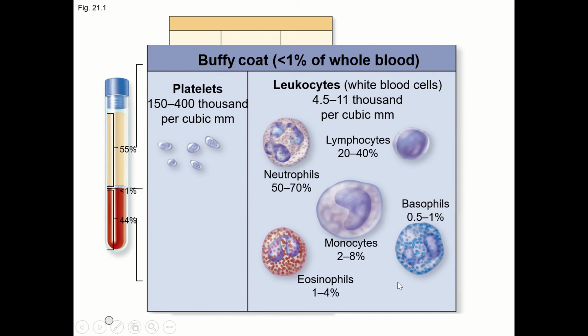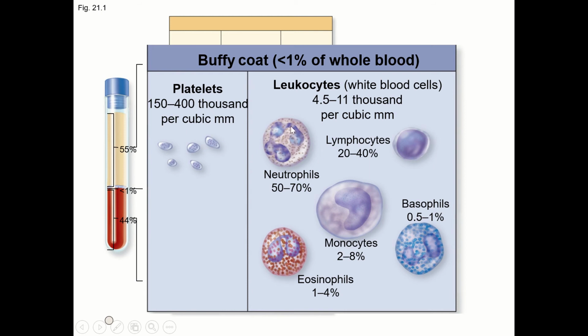It includes the white blood cells or the leukocytes. There are 5 types of white blood cells. All these are immune cells which respond to any kind of pathogen or damage. And these that have little granules in them, those send out signaling molecules to attract other white blood cells to the site.